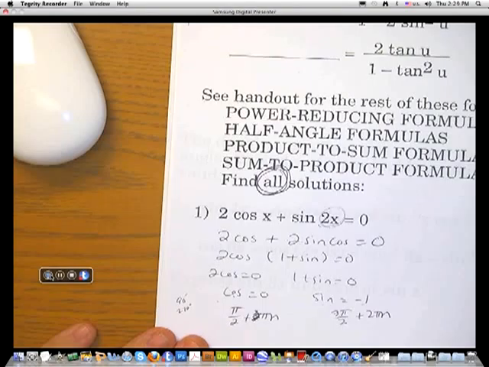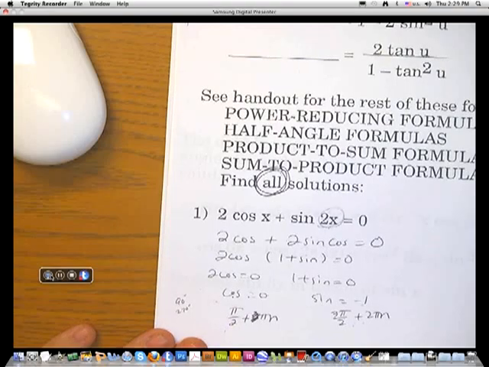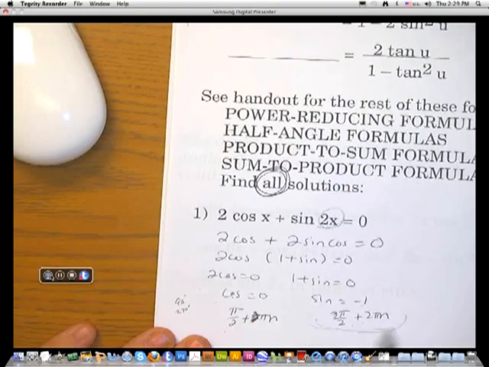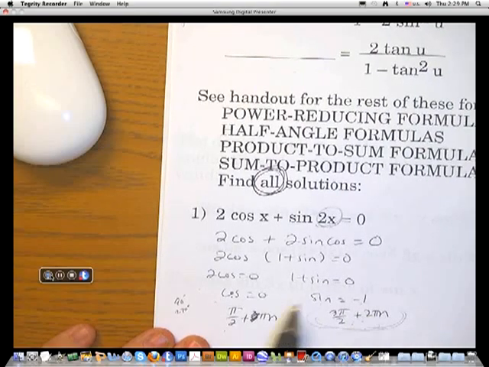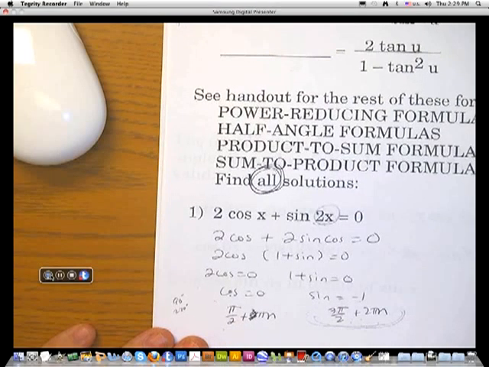So, I need to look at these overlap, and so this is included in this one. So I do not need to write both of them.